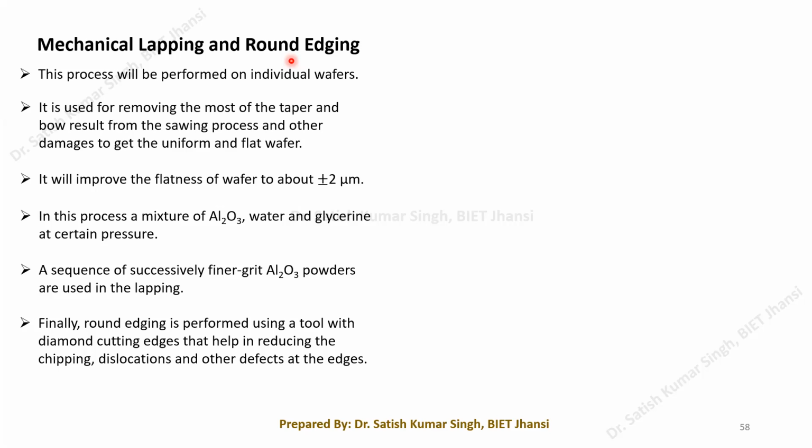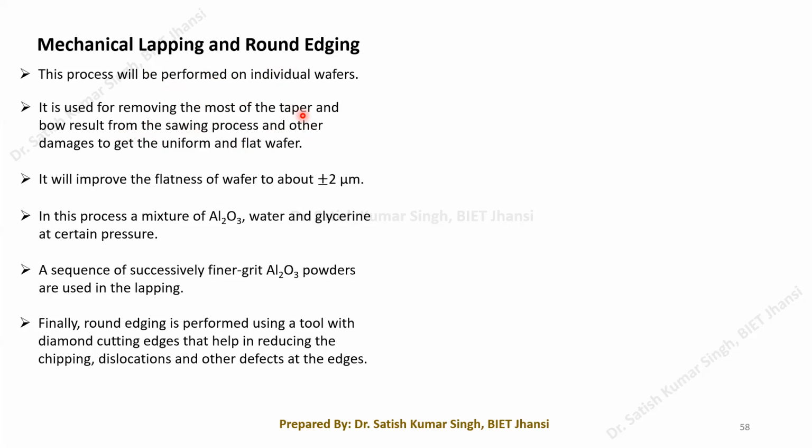To remove this error that arises due to the sawing process, the bow and the tapering should be removed. To remove these two things, we have to perform this mechanical lapping operation. Moreover, because we are performing the sawing process, the edges are also going to be damaged.